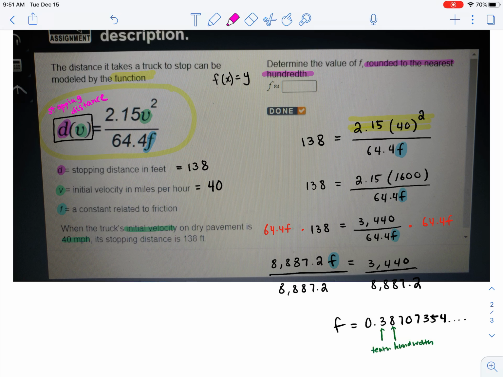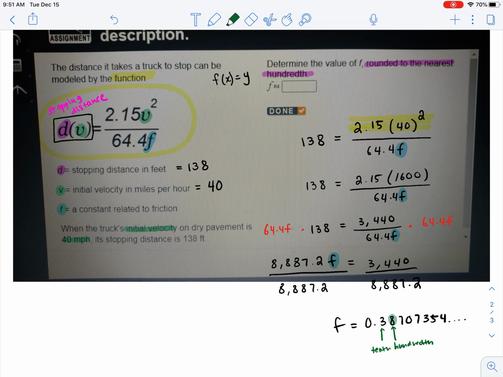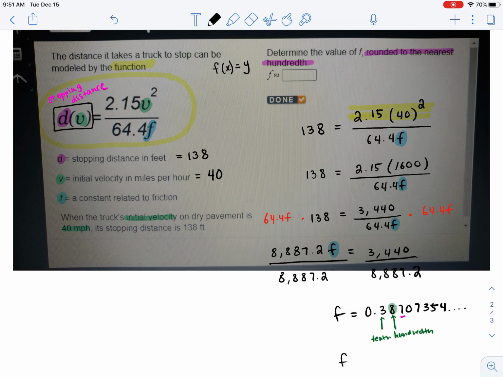But this 100th value, we don't know if we should keep it the same or round it up. We're going to look at the number on the right side. It's a 7. Because it's a 7, this 8 gets to round up. So my final answer is f is approximately 0.39. You could put that into the answer slot.